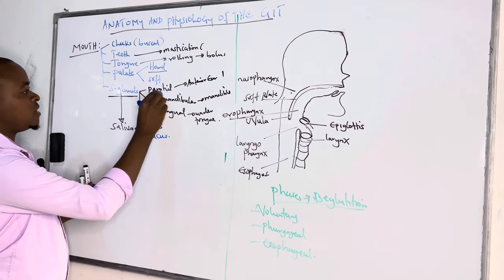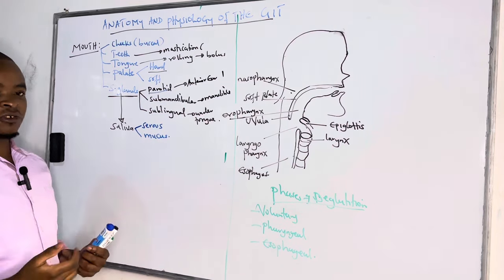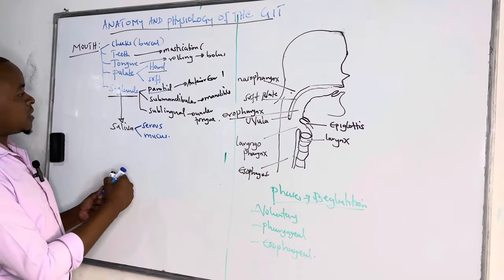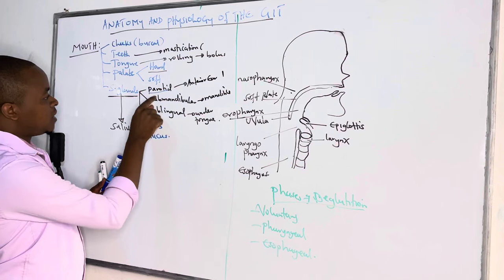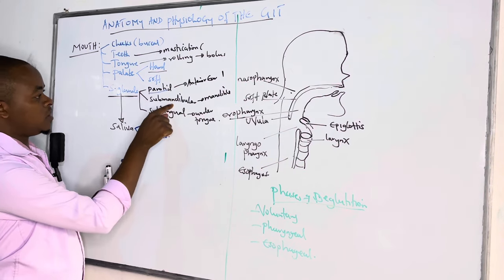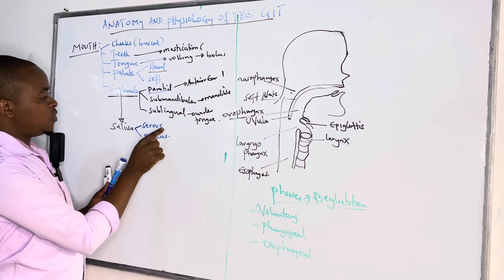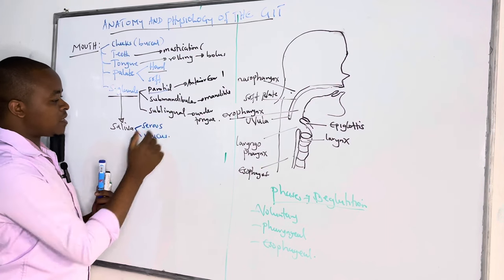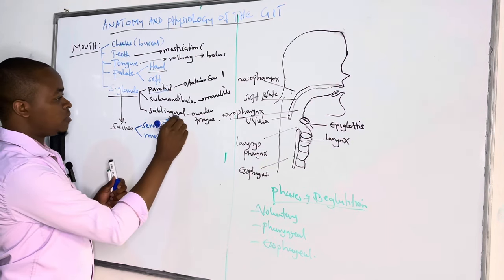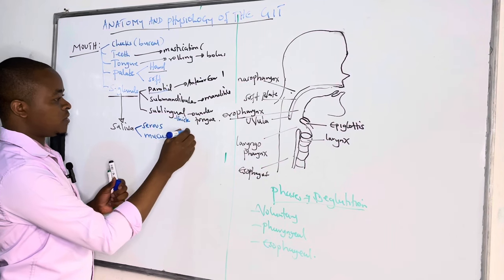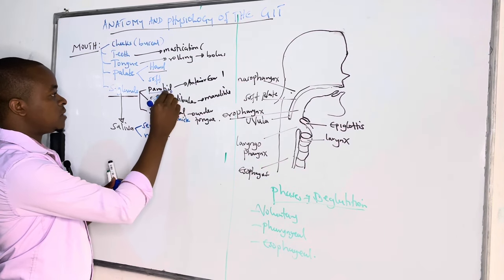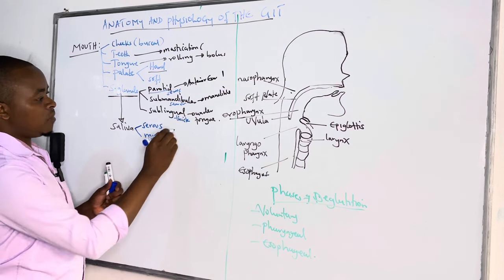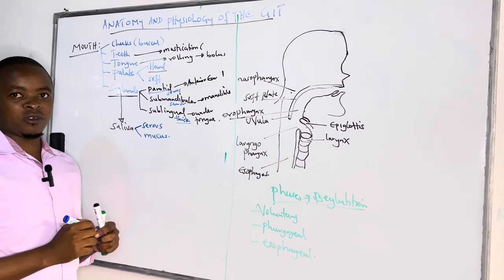The parotid produces much of its secretion as serous fluid, and the submandibular is also serous plus some small mucus, whereas the sublingual produces thick mucus.